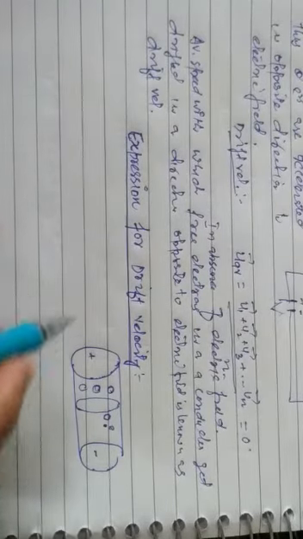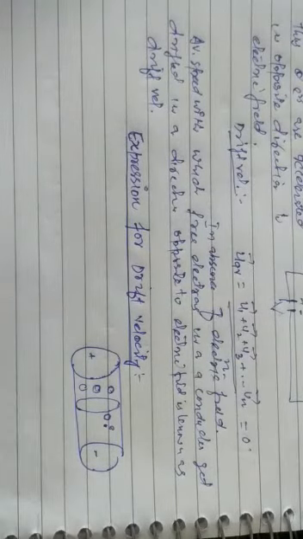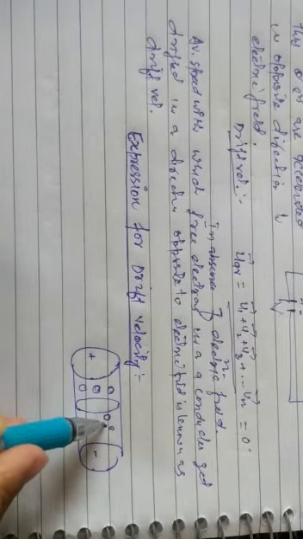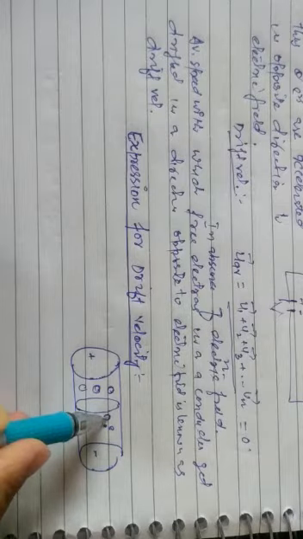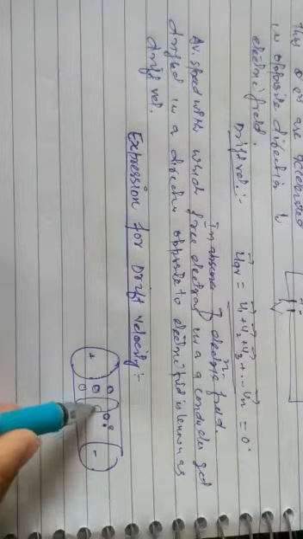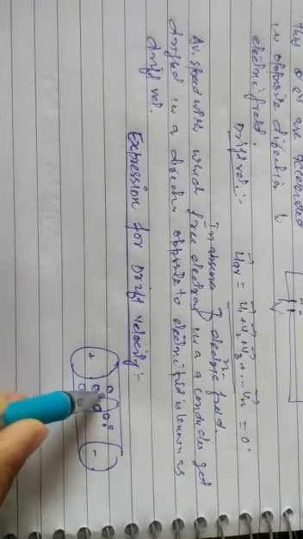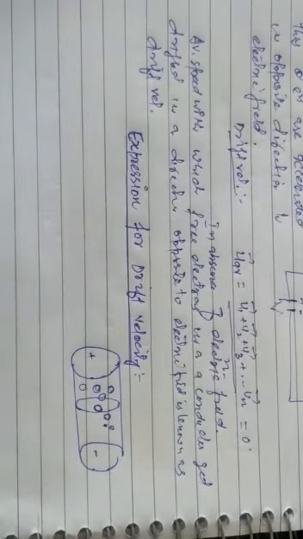As the electric field is applied, they have an acceleration, but that acceleration remains for a very small time. Once it leaves, it gets accelerated again, but it gets collided with another constituent of the material.